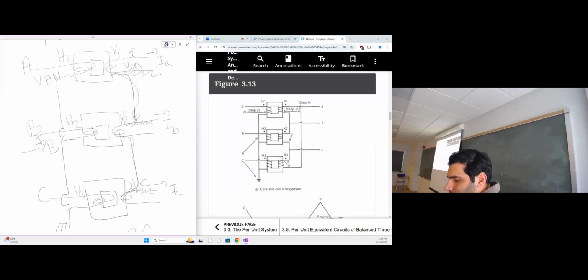It goes into the first transformer. We see that dot, which means that X1 and H1 are in phase, okay? And then we see a winding coming out from there. It goes down to X2. Then we establish the delta connection, because they are directly related. From X2, it goes to X3. Can you see that?